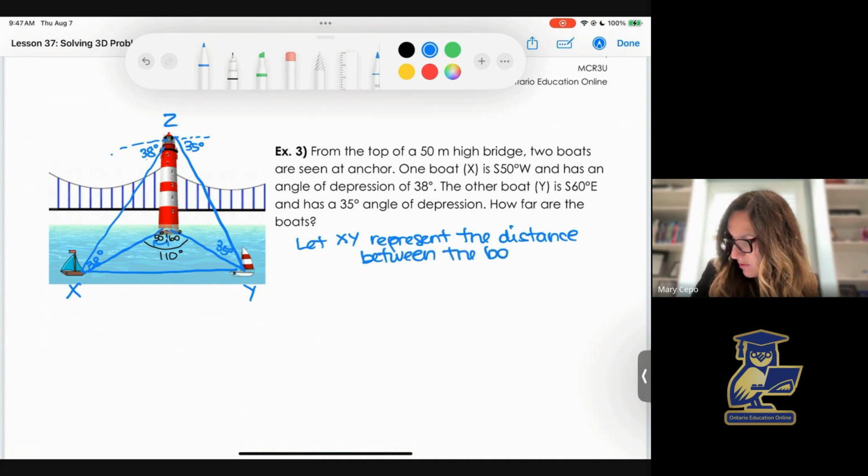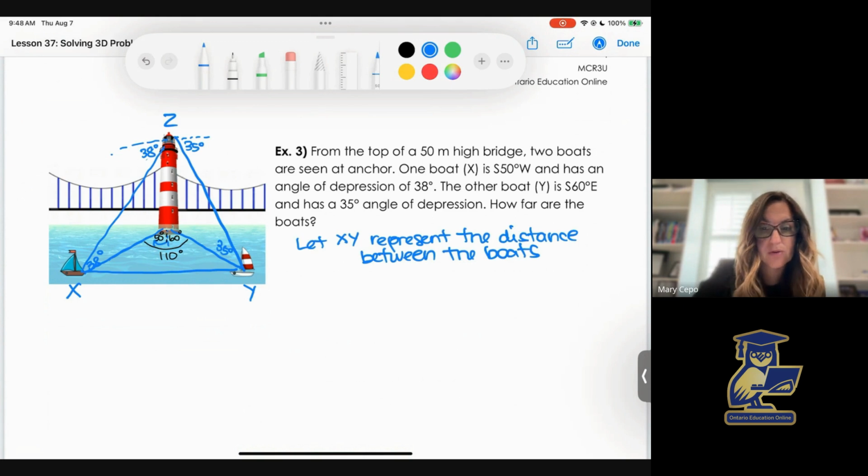Okay, so how do we go about that? That's our ultimate goal, to figure out that distance. Now, we don't obviously have enough information in that obtuse triangle because we only have one angle. So that's not going to help us.